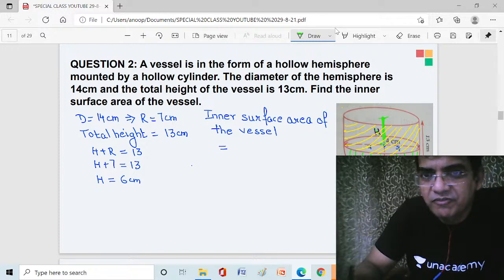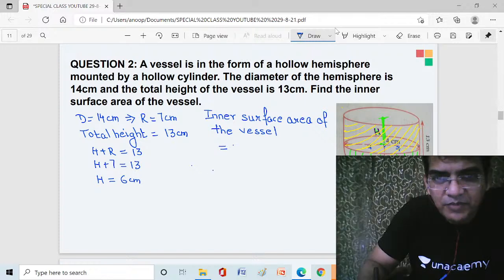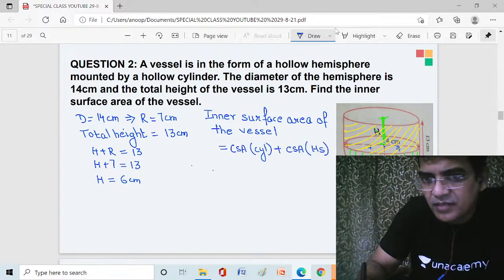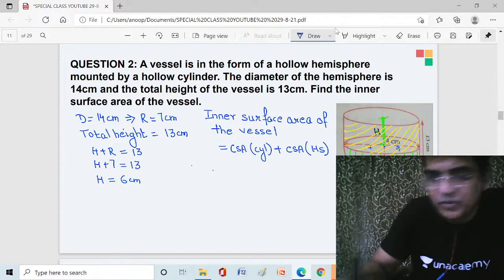So let's find these two. It will be the curved surface area of the cylindrical portion plus the curved surface area of the hemispherical portion, right? HS I am using for hemispherical portion.